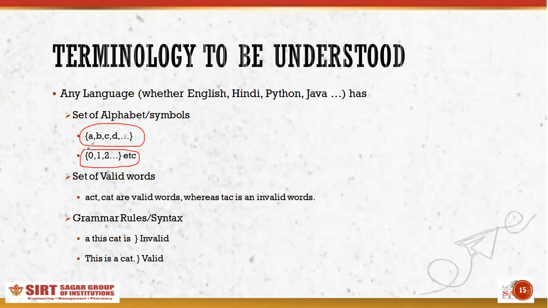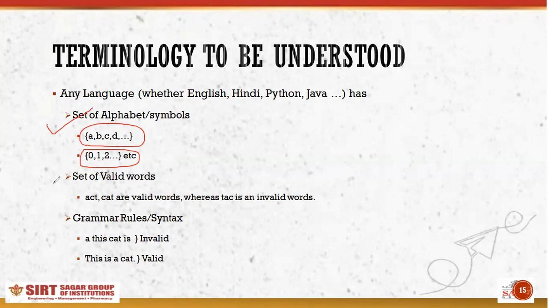If I talk about English, it consists of 26 alphabets from A to Z. If I talk about Hindi, it consists of a different set of alphabets. If I talk about C++, it would consist of alphabets, numbers, and special characters. So different languages have different alphabet sets. So the first thing is that a language should have a set of alphabets.